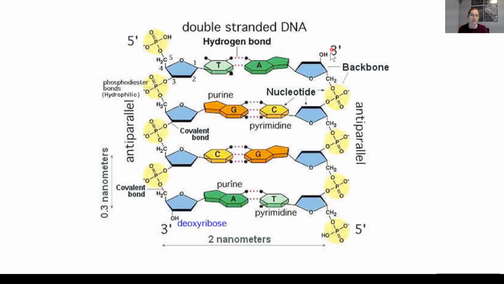So this side is going from 3' on top to 5' on bottom. So in different directions, anti-parallel. That's why we need to count the carbons, because we need to know what direction our DNA strands are oriented in. Here we can see the hydrogen bonds between our nitrogenous bases, so adenine, thymine, at, and cytosine, guanine.